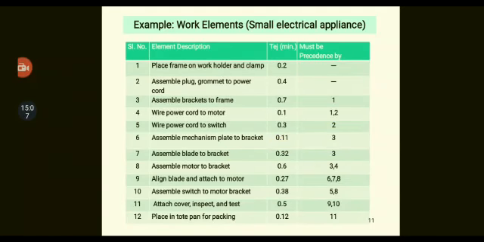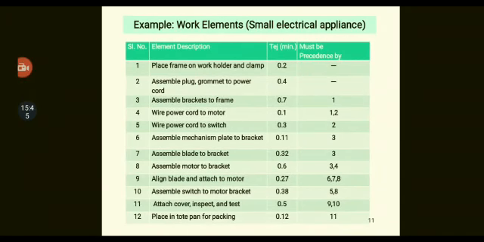We have serial numbers 1 to 12 and element descriptions: place frame on work holder and clamps, assemble plug, connect to power cord, assemble brackets to frame, wire power control to motor, and so on.